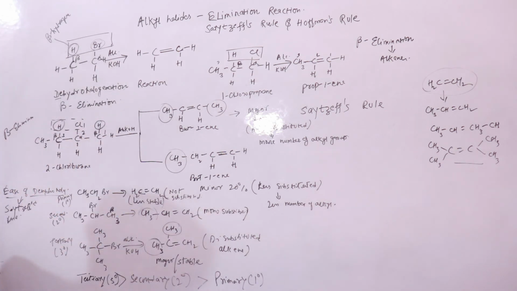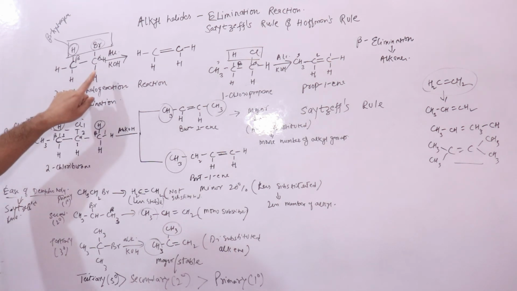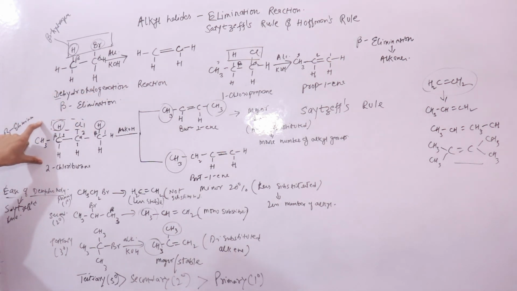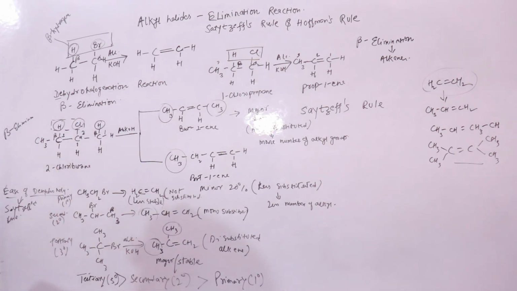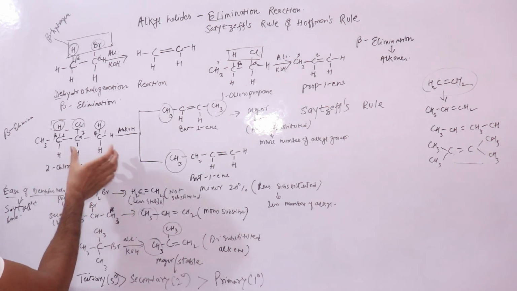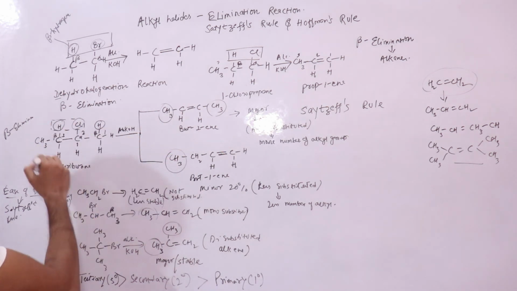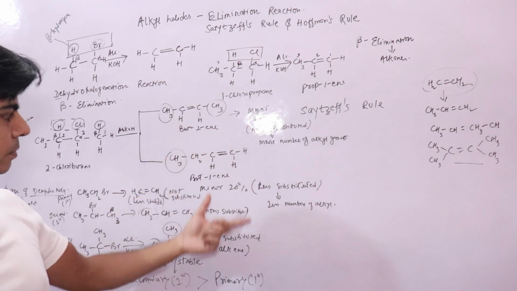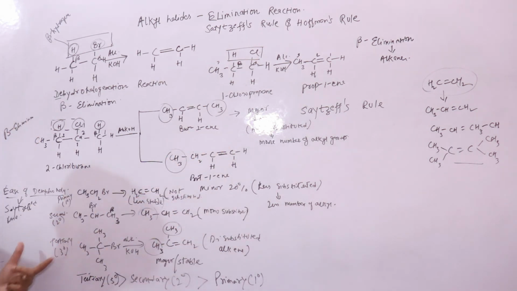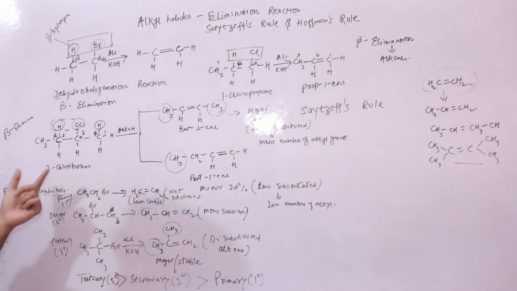So this is done, the dehydrohalogenation reactions of simple halides. Now if the structure of the alkyl halide, or the position of the halogen atom, is such that it has 2 beta hydrogens, which one would be the major product? The one which is more substituted as per Saytzeff's rule. And which alkyl halides will undergo dehydrohalogenation most easily?